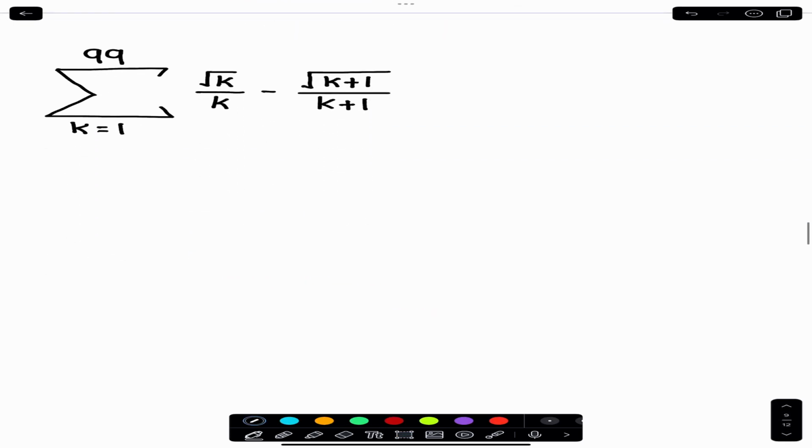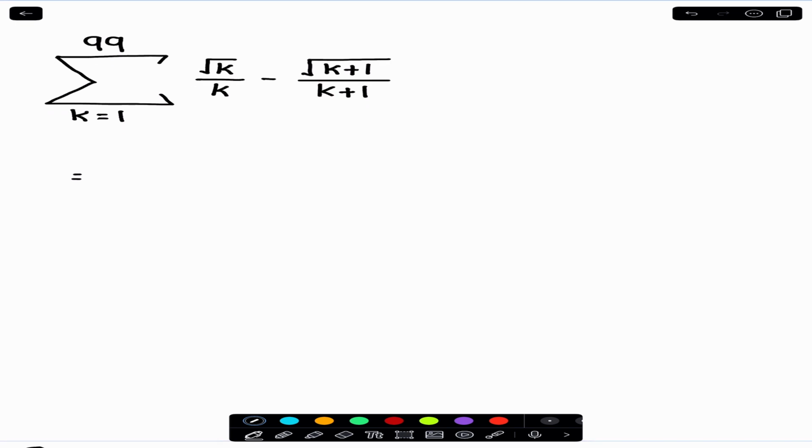So now we can write out this sigma sum explicitly. Take your k equals 1 and just plug it into here, and then work your way up to k equals 2, 3, 4, blah, blah, blah.